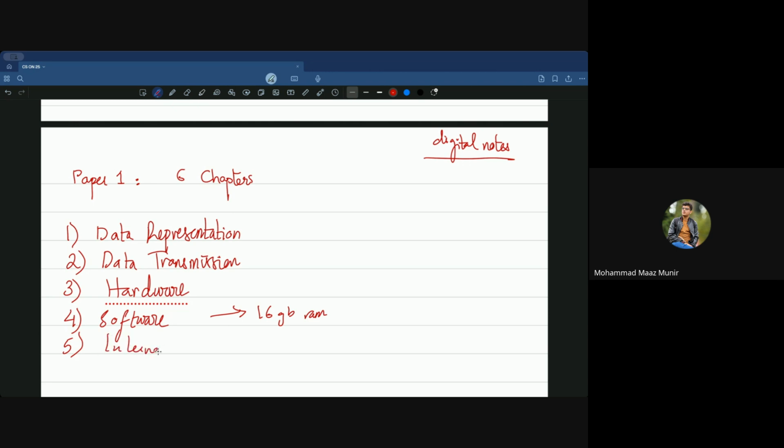Internet and its uses. Now, this is a pretty cool topic, to be honest. I personally love this topic. Chapter number 5 is very cool.